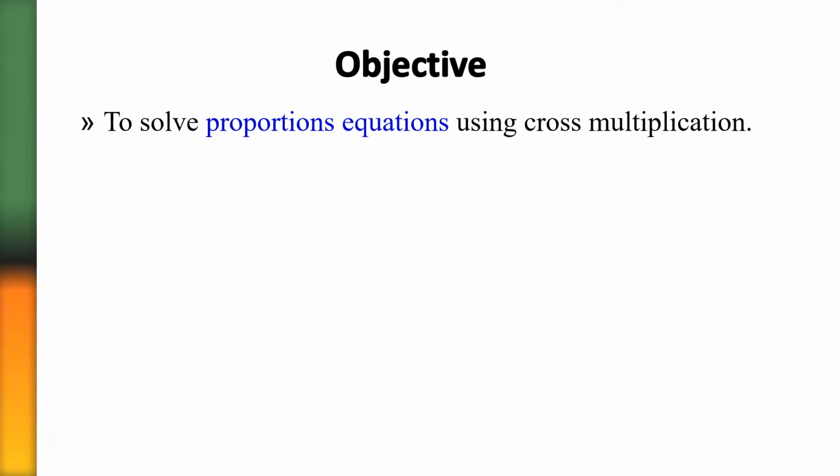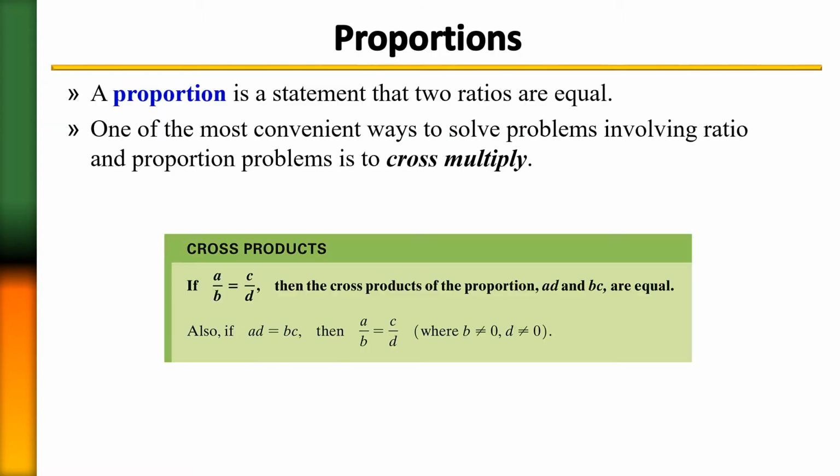In this lesson, we will solve proportion equations using cross multiplication. A proportion is a statement that two ratios are equal. And one of the most convenient ways to solve these types of problems involving ratio and proportion is to cross multiply.